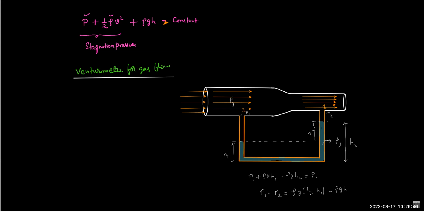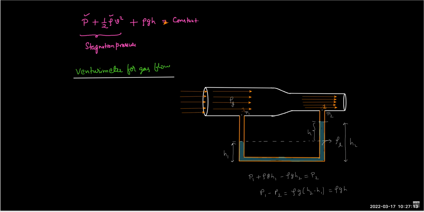You can see where the pressure is high, the column length is small. Where the pressure is low, the column length is bigger, because it is like a vacuum pump. You suck the air, and therefore you create a partial vacuum, and this partial vacuum will pull the water or liquid up, or any liquid. This is generally mercury we use, not water.